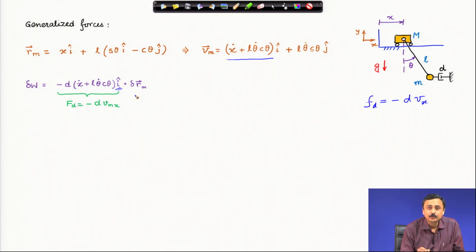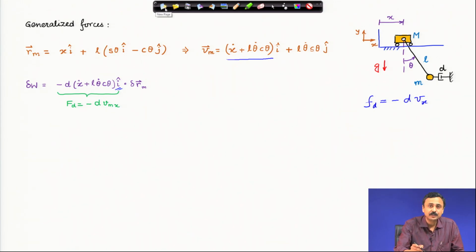and dot product with the variation of the position vector of the bob, that is work. This is virtual work, that is why we are taking the variation of the physical coordinate of the bob.